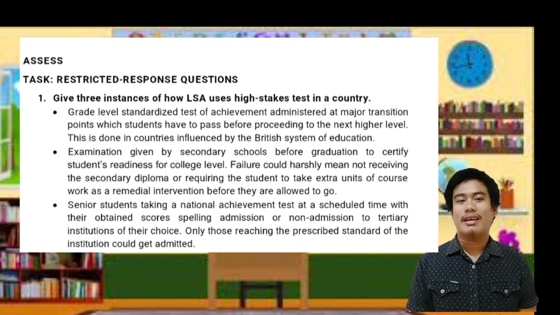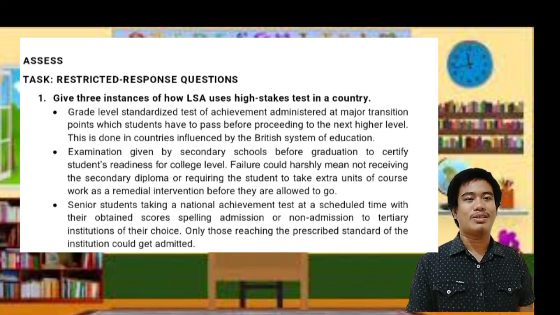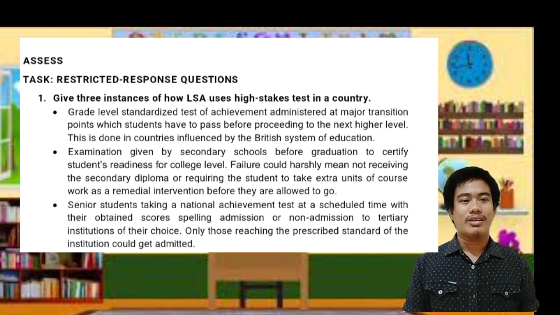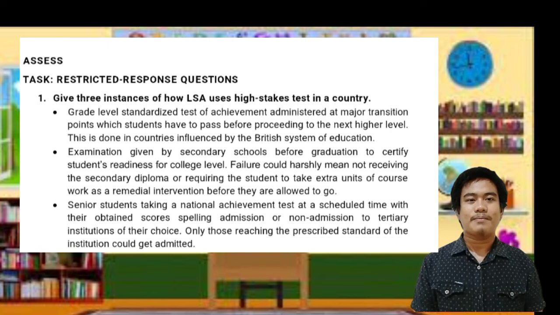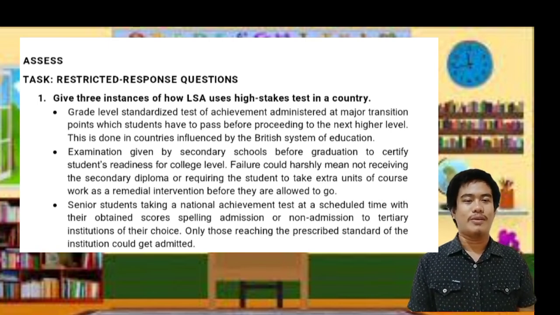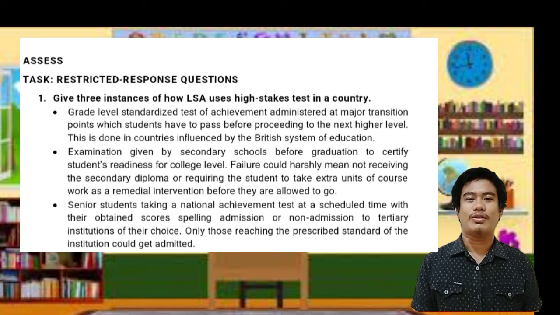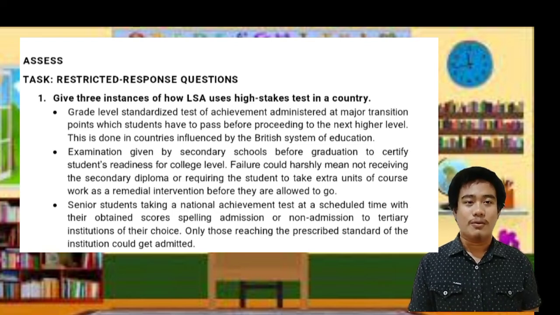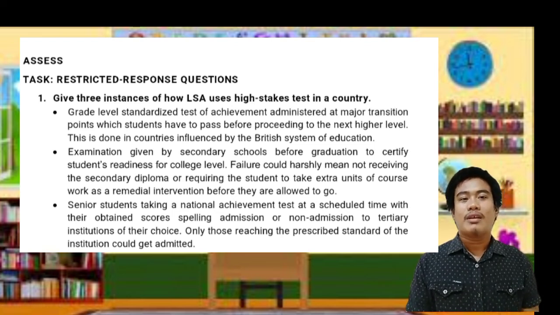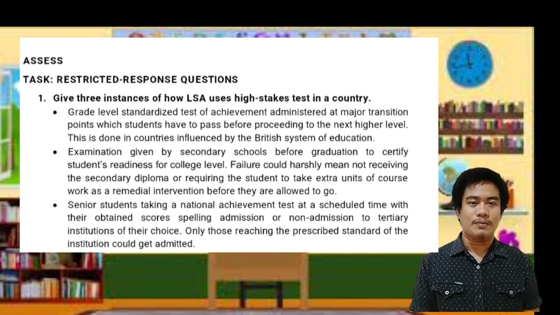Second one is examination given by secondary school before graduation to certify students' readiness for college level. Failure could harshly mean not receiving the secondary diploma or requiring the student to take extra units of coursework as a remedial intervention before they are allowed to go.